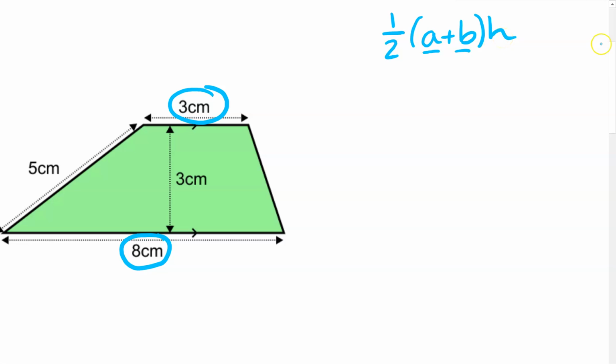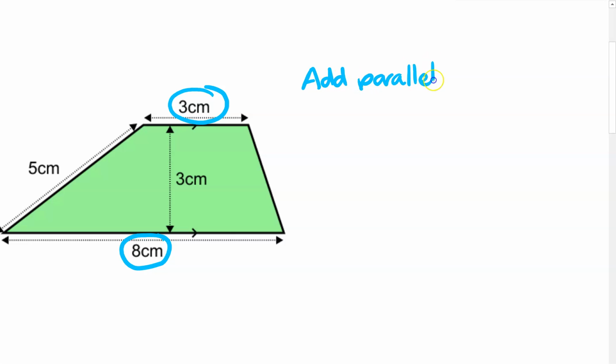I don't really like this formula because it's not actually always the height that you multiply by. So I'm going to rub that out. What you do is you add the parallels, which in this case is 8 plus 3, which is 11.